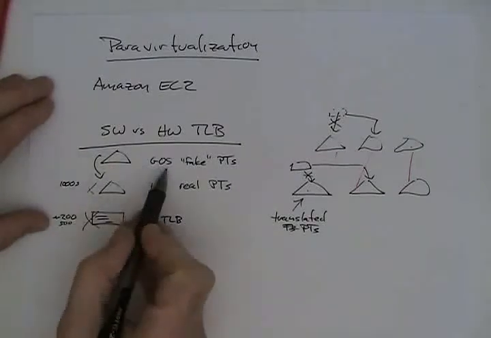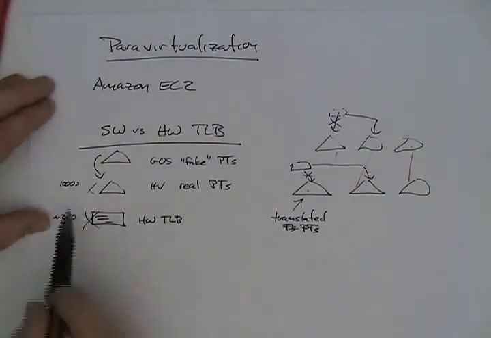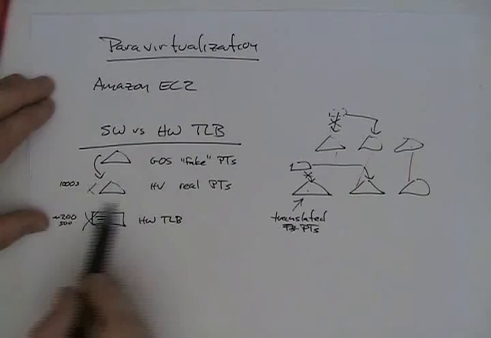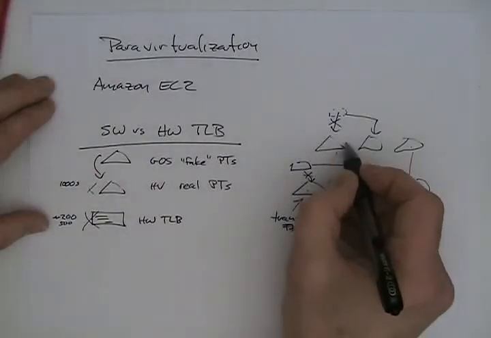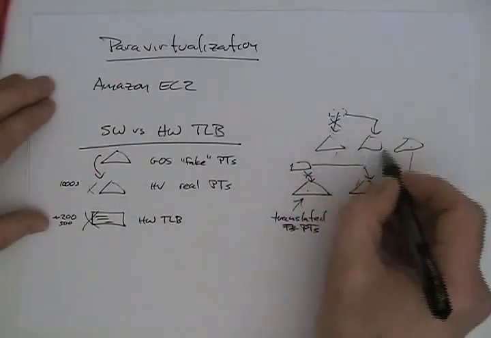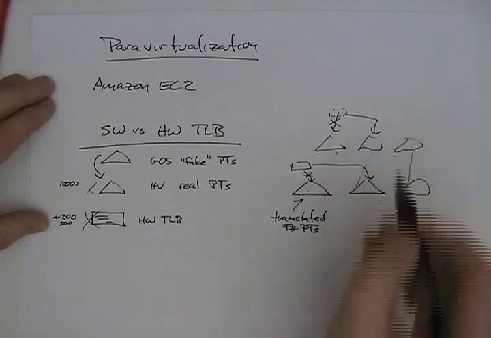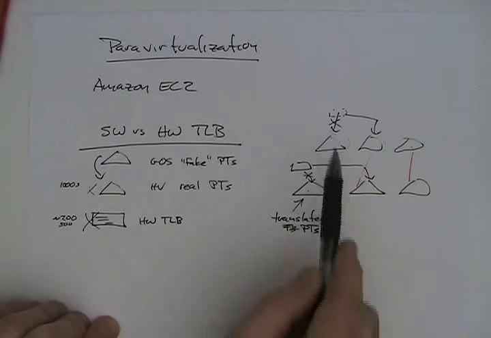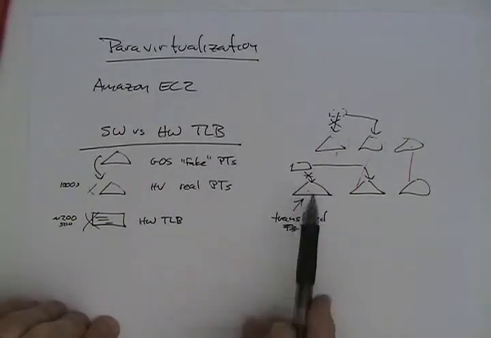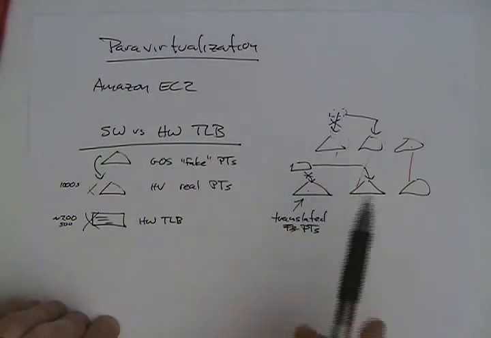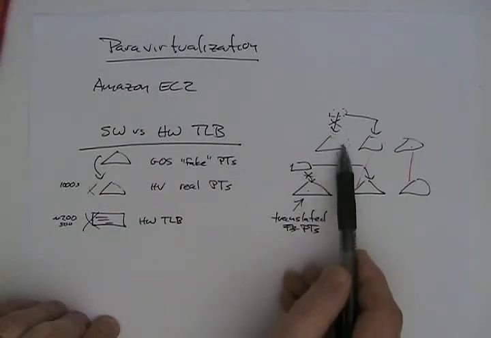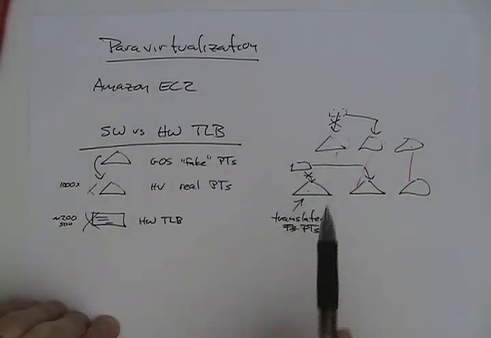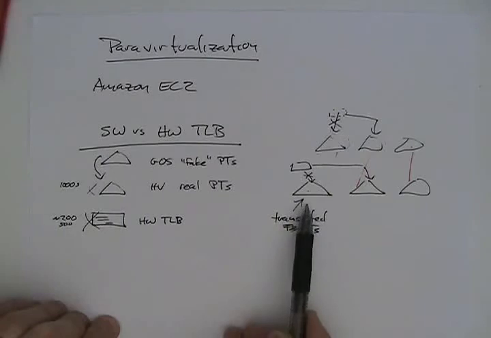So in order to do this optimization where we don't throw away any translations, we have to write protect these page tables, or at least anything that we've translated into here. We may not have to worry about the entire page table, but we have to worry about the parts that we've translated.